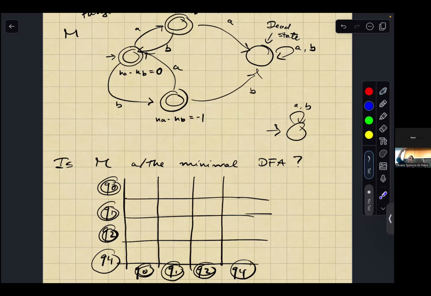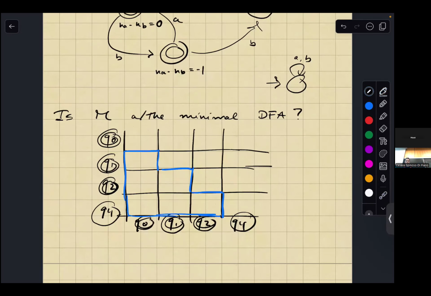You only care about the lower part, or the top right part. And you don't care about the diagonal, because that's just checking whether a state is indistinguishable from itself, and of course it's the same state. So all I care about is these pairs of states.